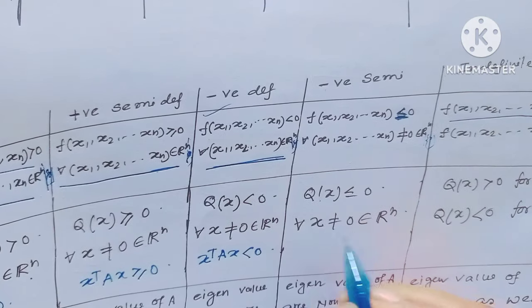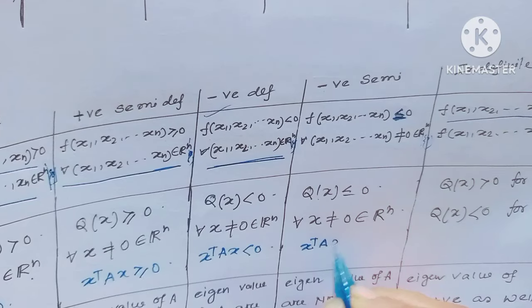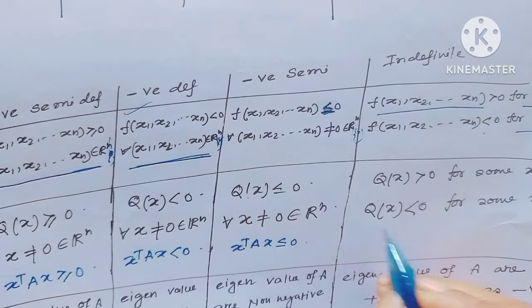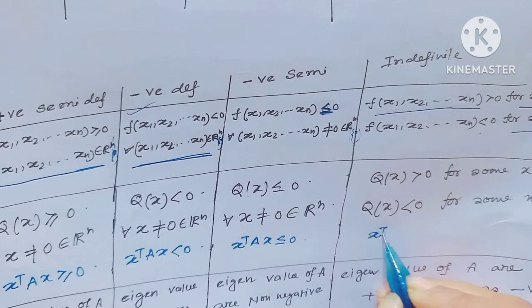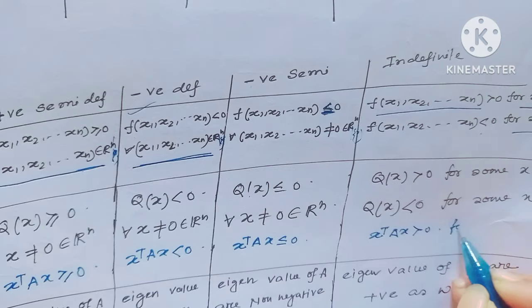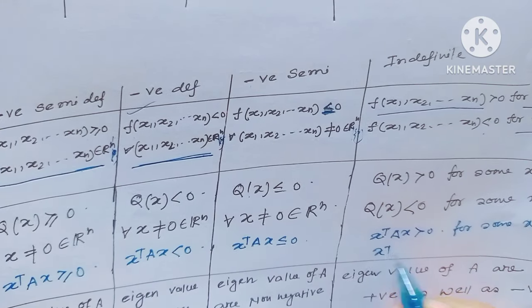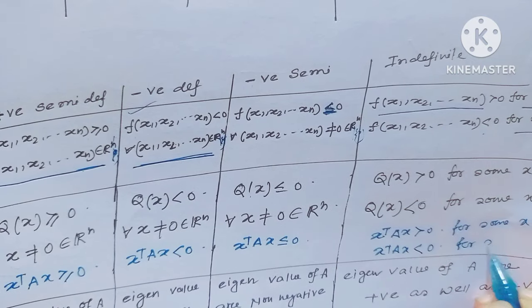This is true for all non-zero x. Negative semi-definite means x transpose Ax is less than or equal to 0 for all non-zero x, and indefinite means x transpose Ax is strictly greater than 0 for some x and x transpose Ax is strictly less than 0 for some x also.